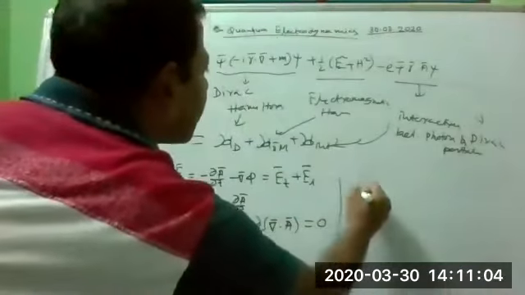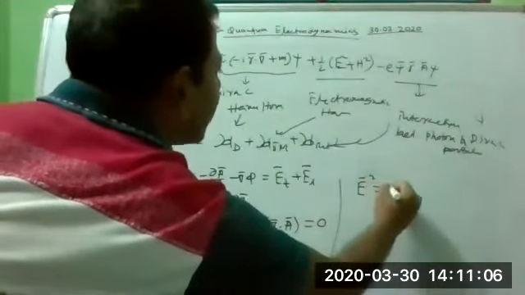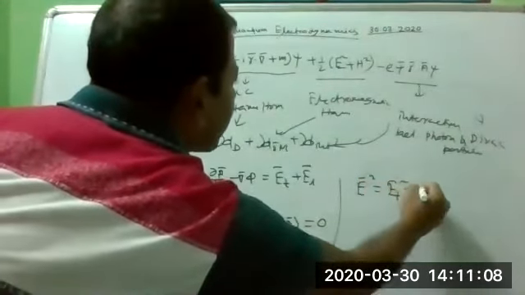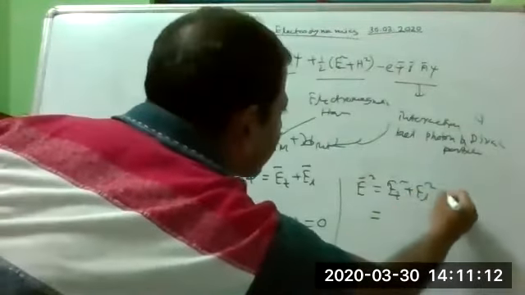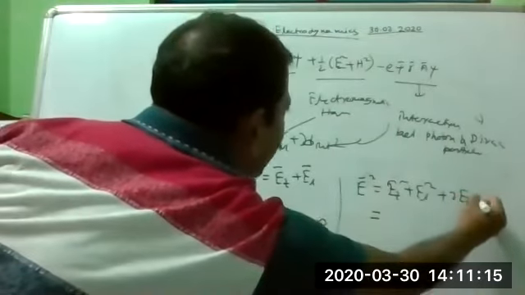So E squared equals Et squared plus El squared, which is equal to El squared plus twice Et dot El.